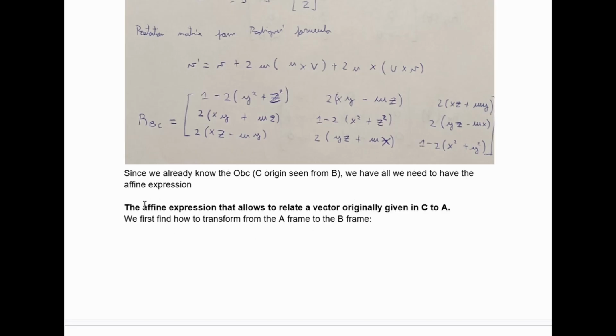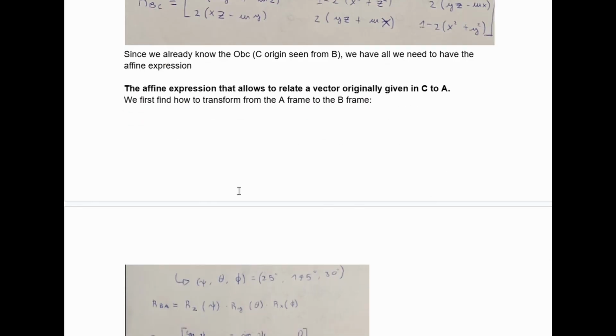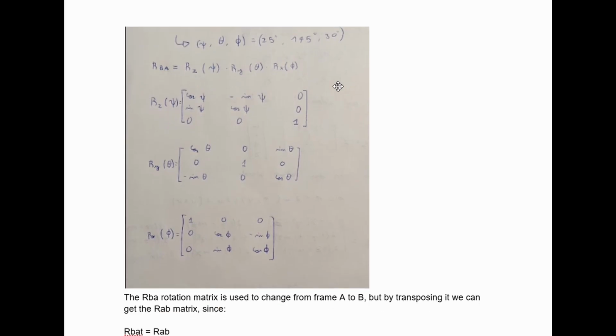Then the exercise asks us to find the affine expression that allows us to relate a vector originally from C to the A frame. We first have to find how to transform from the A frame to the B frame using the angles we've been given. Doing that, it gives us the rotation matrix.